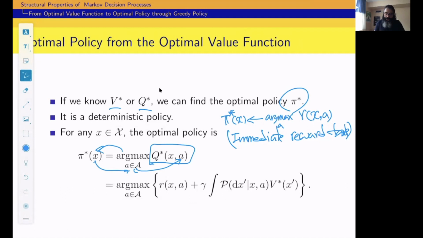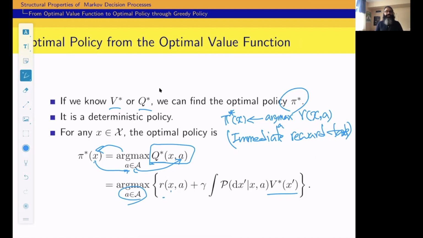If you have V star, it would be a bit more involved, but similar. At state X, we compute R of X and A plus gamma times the expected value of the optimal value function at the next state. We add all these things together and find the action that maximizes them, and that would be the optimal policy.